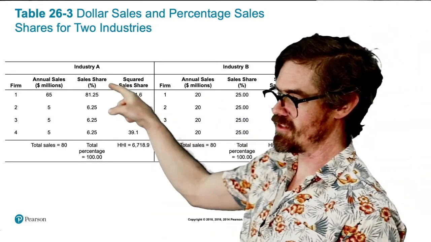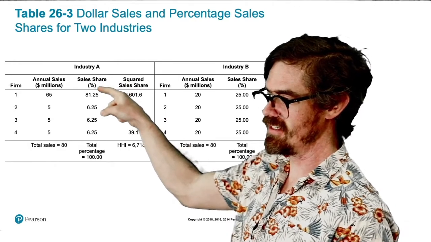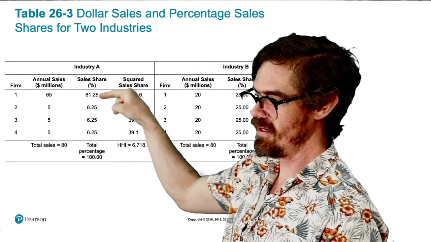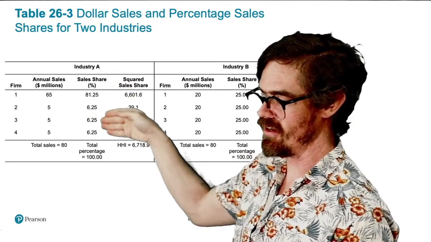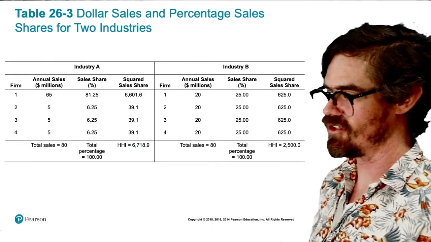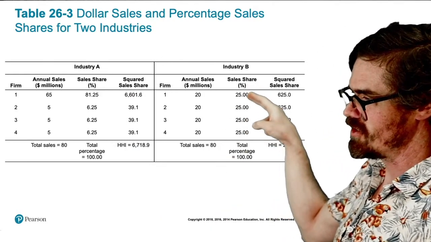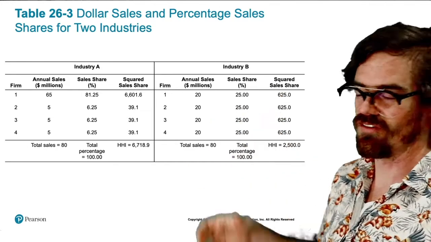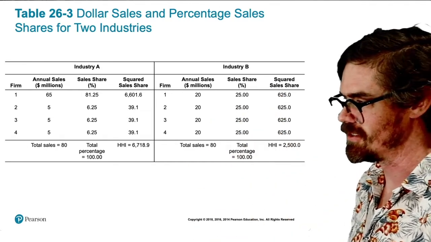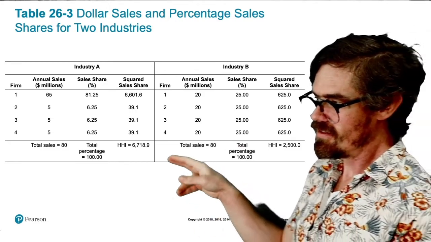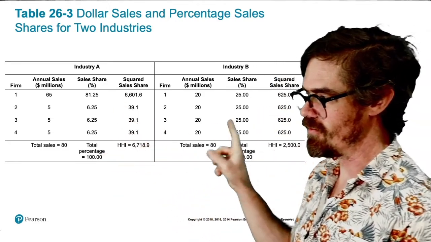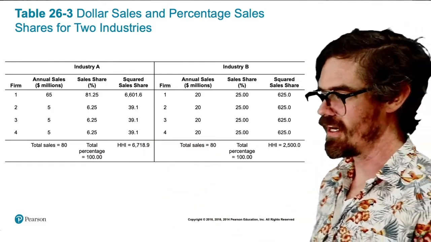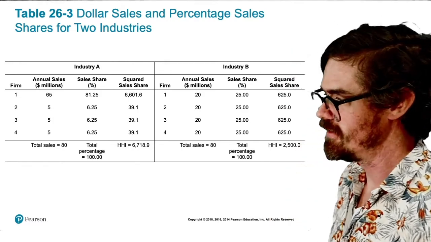So if you look at the sales share percentage, firm 1 in industry A accounts for 81% of sales, and the other 3 account for only 6.25% of sales each. Whereas in industry B, it's equally split amongst the 4 firms, so each firm accounts for 25% of sales in that industry. So the concentration ratio for both of these industries would be the same, 100, or 1 if you're looking at it as a decimal rather than a percent.